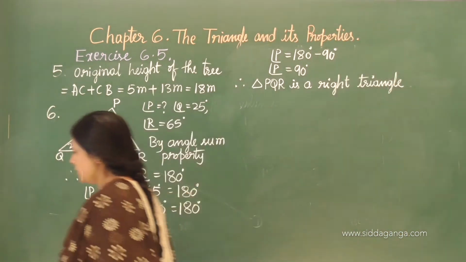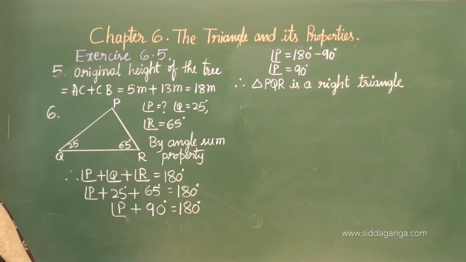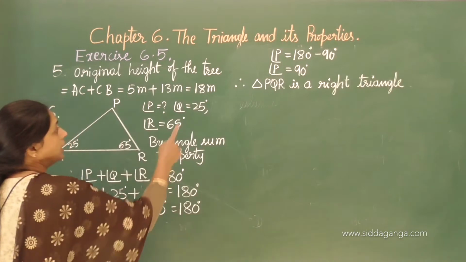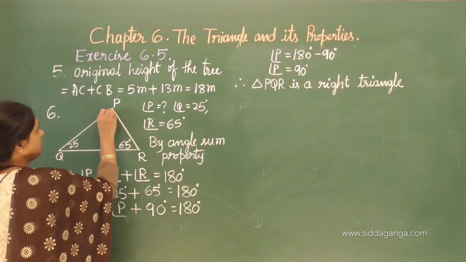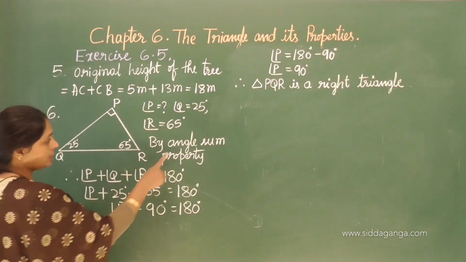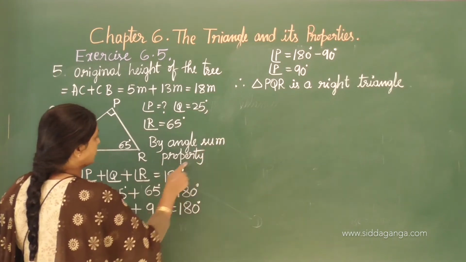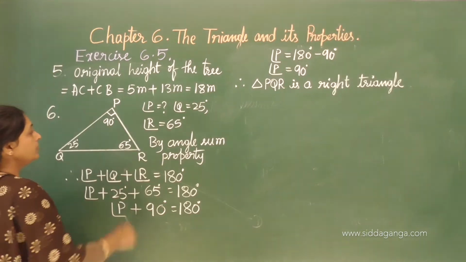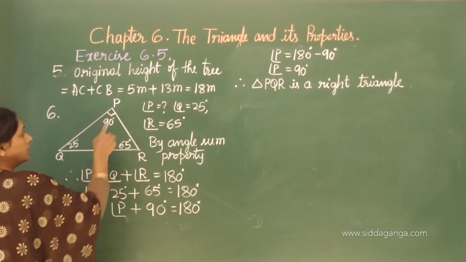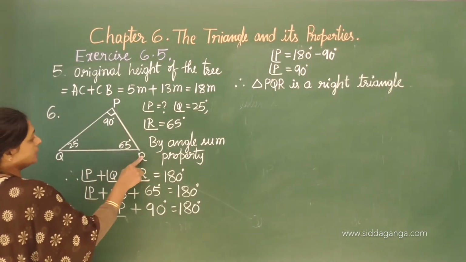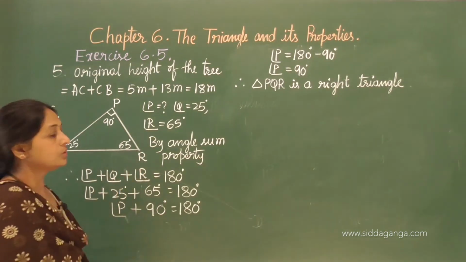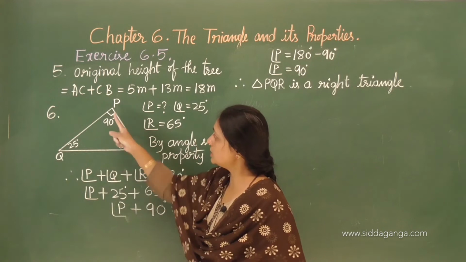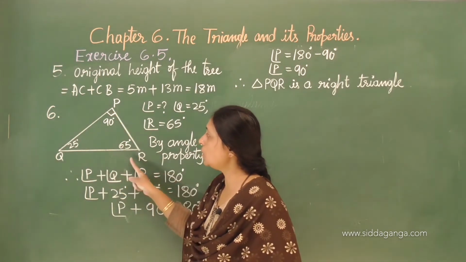Okay, so consider the given equations. We found by using angle sum property that angle P is 90 degrees. So which is the side opposite to angle P? The side opposite to angle P is QR.